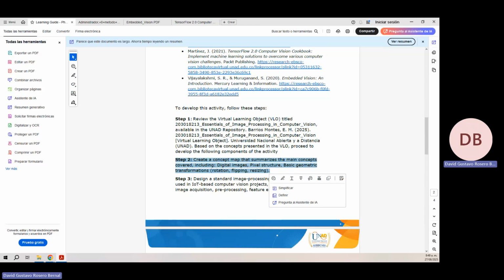This map will help you visualize the connections between theory and applications.